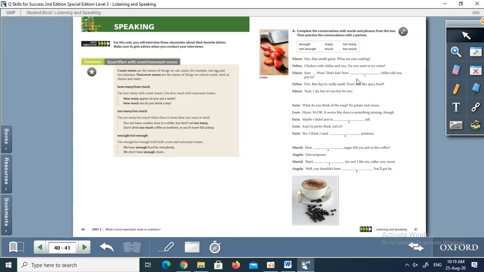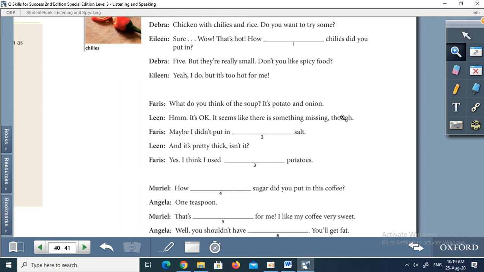Okay, now I want you to go through the rest of the exercise, and everywhere that a word is missing, first look at the noun afterwards and say, is salt a count noun or a non-count noun? Is potatoes a count noun or a non-count noun?